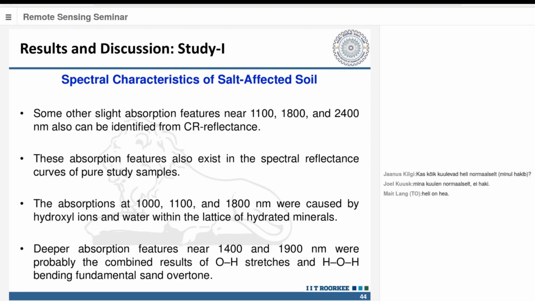These absorption features also exist in the spectral reflectance curves of the pure study samples. The absorption at 1000, 1100, and 1800 nanometers was caused by hydroxyl ions and water within the lattice of hydrated minerals. Deeper absorption features near 1400 and 1900 nanometers were probably the combined result of OH stretches and HOH bending fundamentals and overtones.